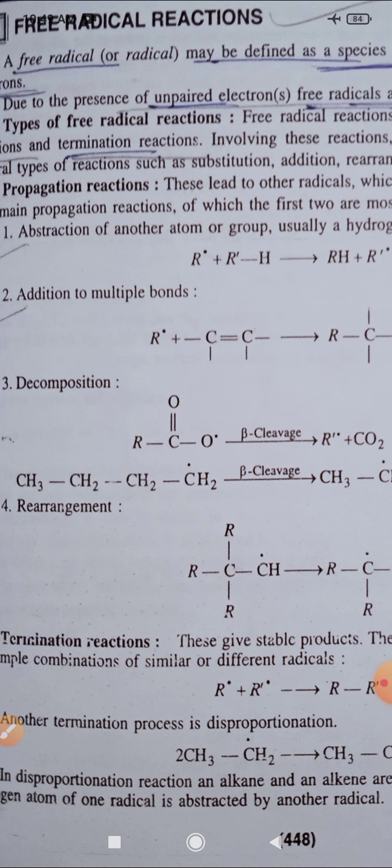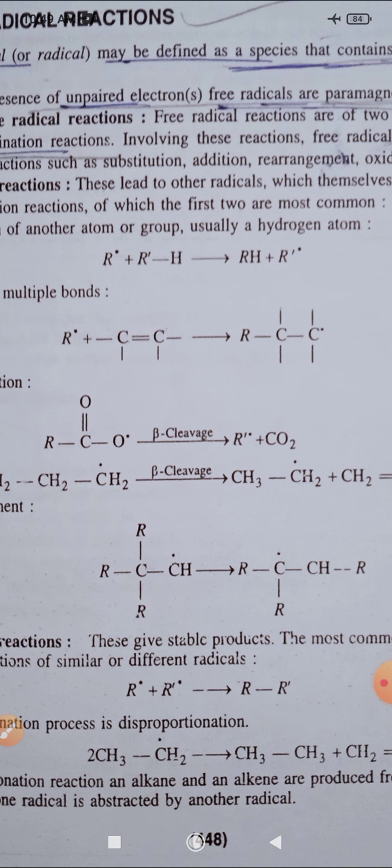Another type is the rearrangement free radical reaction. In such a type of free radical reaction, the rearrangement of an alkyl group takes place, in which the alkyl group from one of the carbons gets migrated to the nearby or neighboring carbon atom to form a free radical.